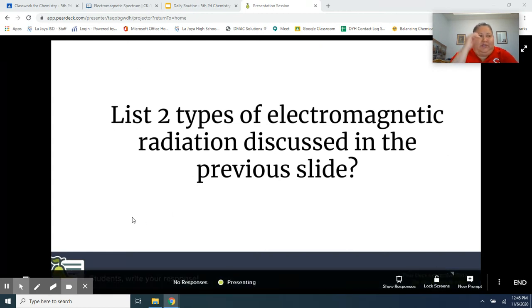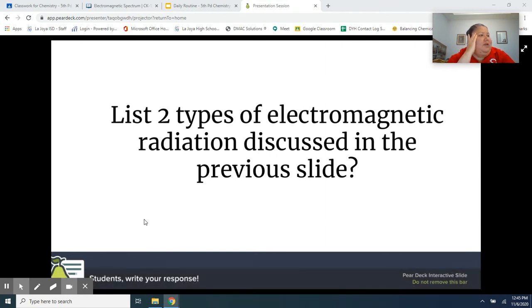How are we doing? Nobody has responded yet. Anybody want to come off mute and tell me one of those types of electromagnetic radiation, instead of having to type it out? What's one of the ones that we listen to when we tune in to 104.1, Wild 104? Or what do doctors use to verify if you have broken bones? Or what type of energy was in that atomic bomb that we dropped on Hiroshima?